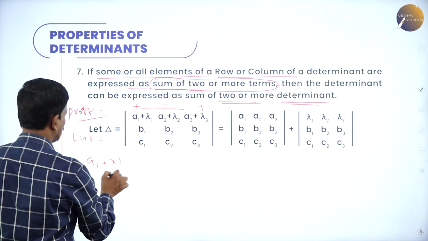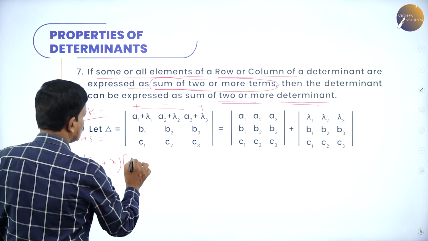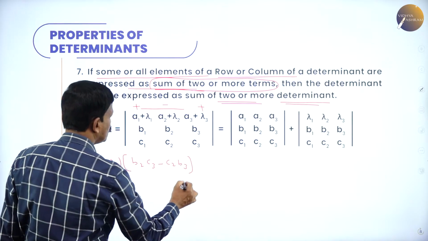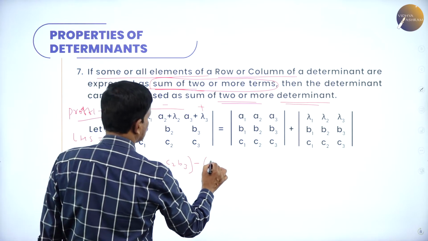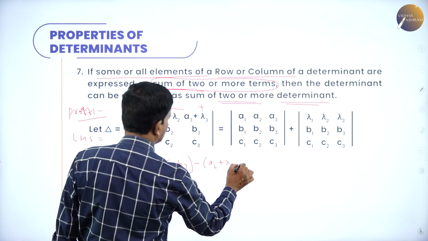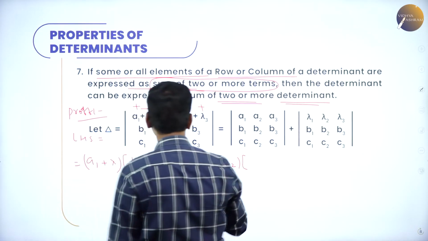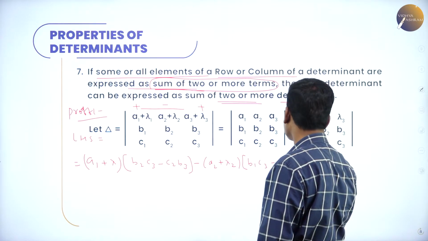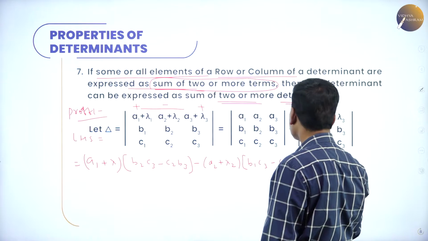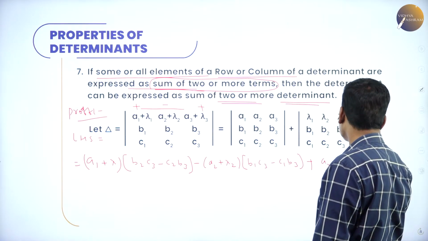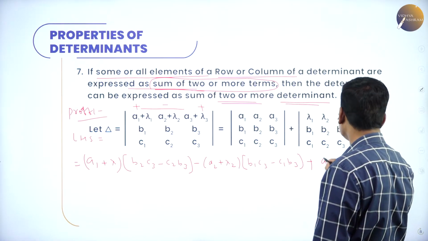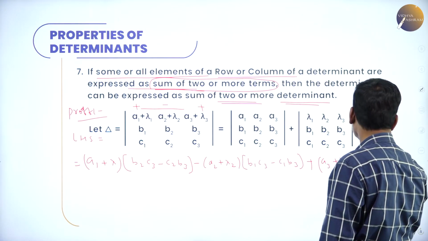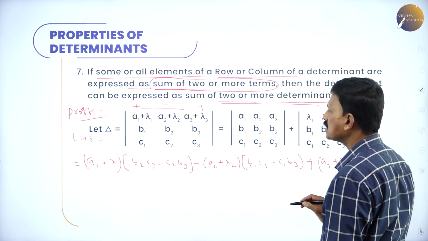a1 plus lambda 1 into, multiply this, b2 c3 minus c2 b3, minus this element a2 plus lambda 2 into, multiply this, b1 c3 minus c1 b3, plus a3 plus lambda 3 into, this is gone, b1 c2 minus c1 b2.